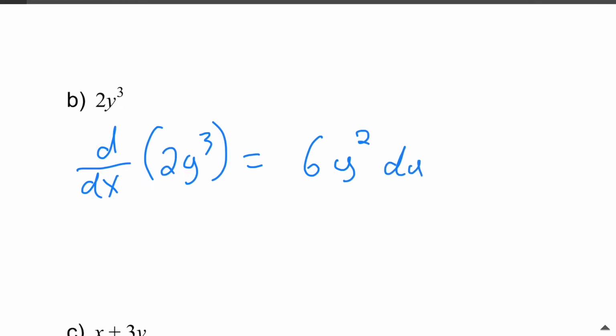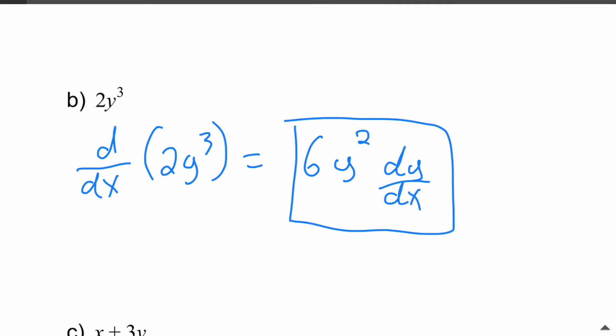In this case, we're going to say dy dx. Now, dy dx will stay alone. We're going to leave that dy dx because that's not going to become 1. So our answer for B, using what we call implicit differentiation, is 6y squared dy dx, and that dy dx does have to be there.